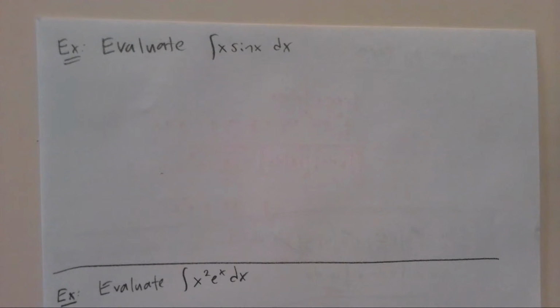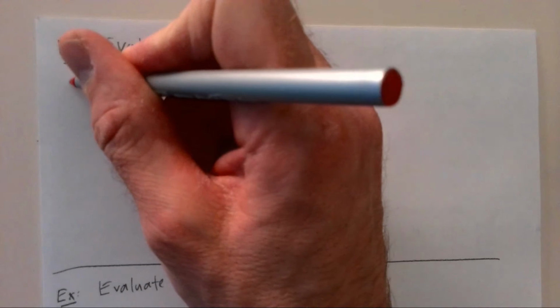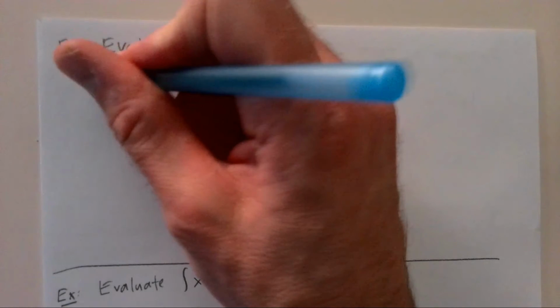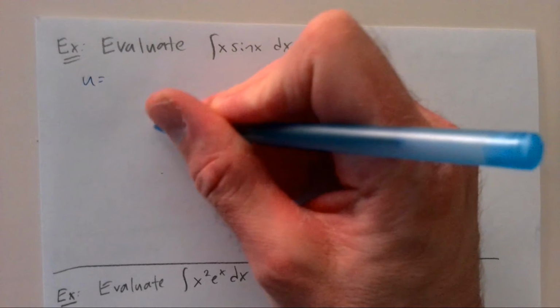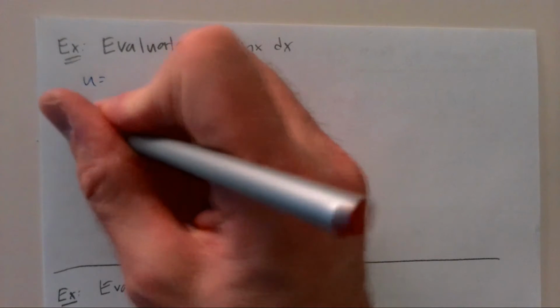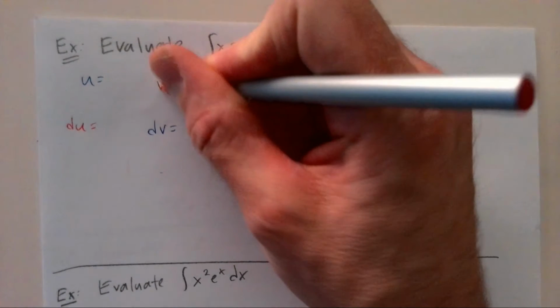So as I mentioned before, the things that you need to figure out first are what we want to define as u, and what is dv. Based on what we define those things as, we need to figure out what du is and what v is.